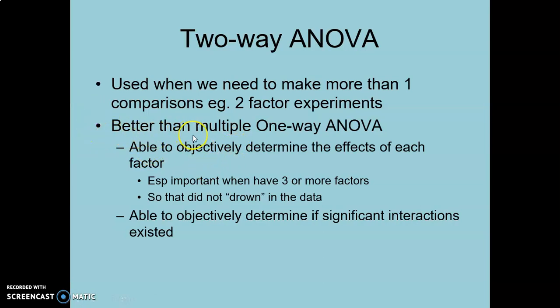It is better than multiple one-way ANOVAs, because with multiple one-way ANOVAs, you will only be able to determine the effect of the two factors individually, and it will be difficult to determine whether there are significant interactions between the two factors or not.